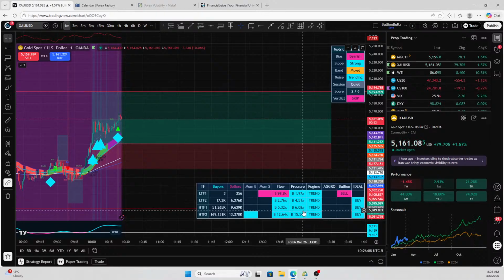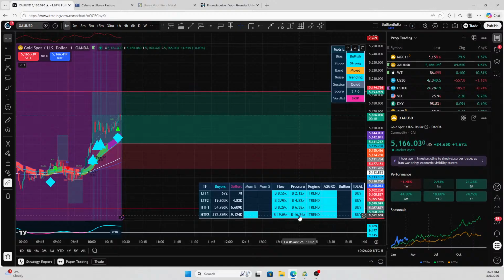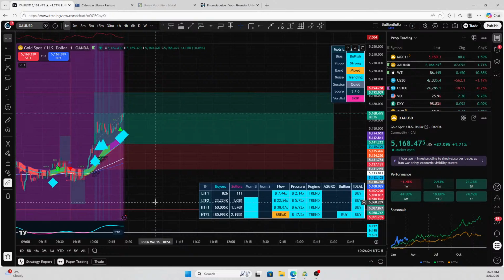Yeah, even though price is coming down, we still see pressure building up. Yeah, pressure is going up, guys. So we should see again a push coming in. Yeah, I would want an aggressive push to the upside.